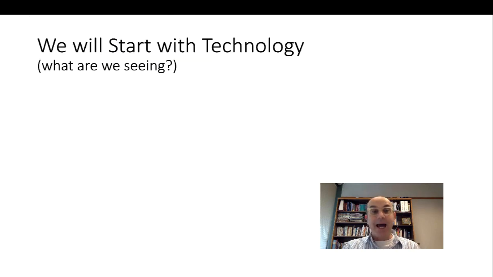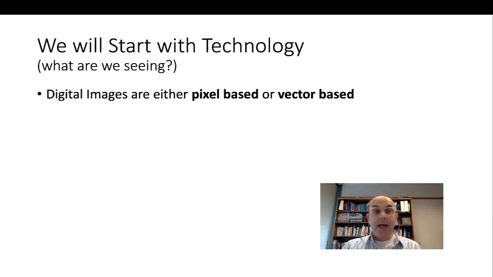Next, web design. The issue of technology is often being asked, what are we seeking? And the images that we see on the web, or when we are creating it in the computer, is basically based on pixel versus vector.